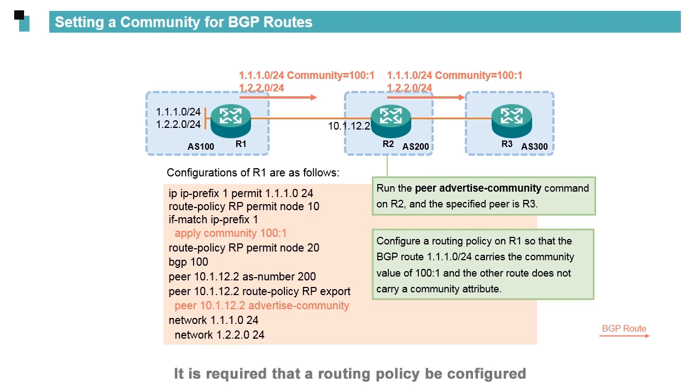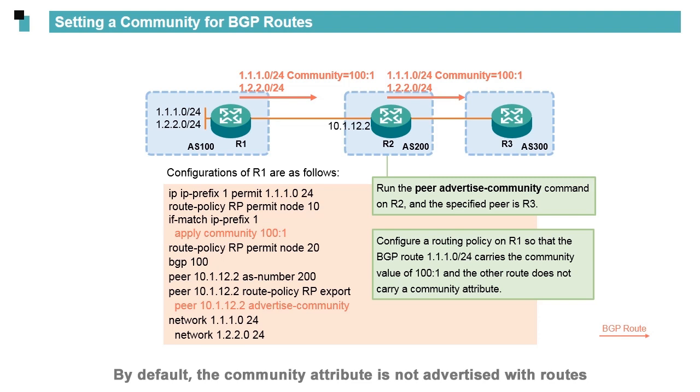It is required that a routing policy be configured so that the route 1.1.1.0/24 carries the community value of 100:1, and the other route does not carry a community attribute when they are sent to R2.